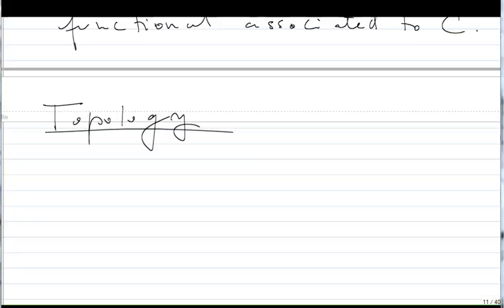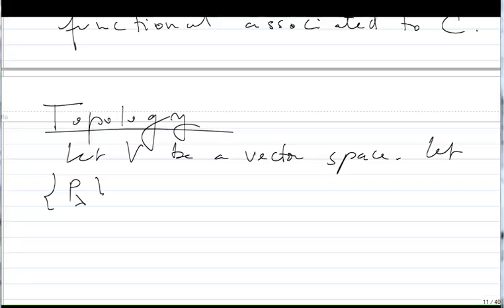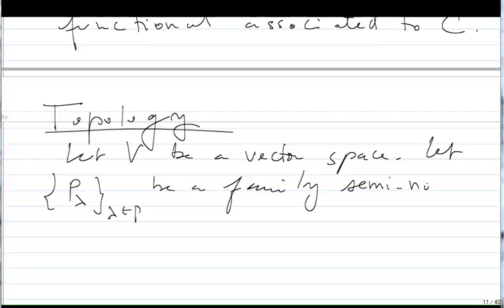So what we are going to do is assume that you have a family of seminorms. Here, let V be a vector space, and let P_lambda be a family of seminorms.